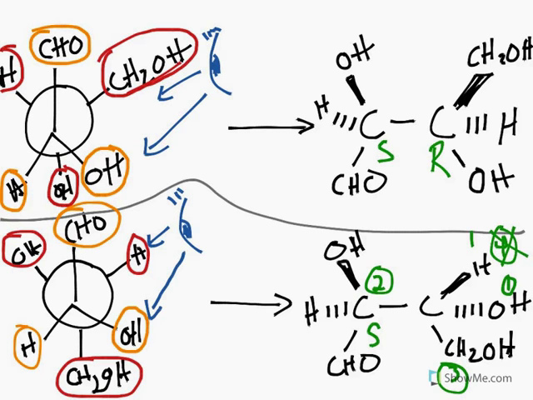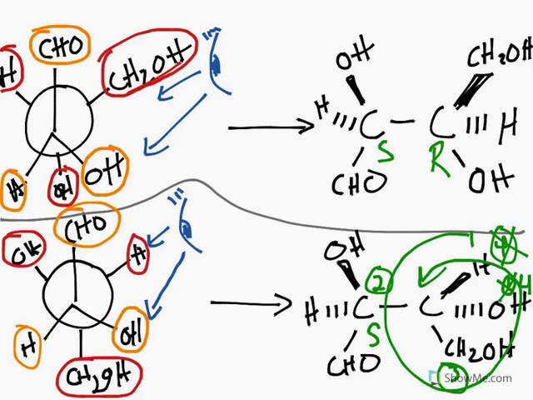I'm going to say this is number 1 now, and this is number 4. I'm actually going to write this a little bit closer over here. This is number 4. Okay, now we can assign R and S. Now our fourth priority is in the back. So it's 1, 2, 3, 4, coming down like that.